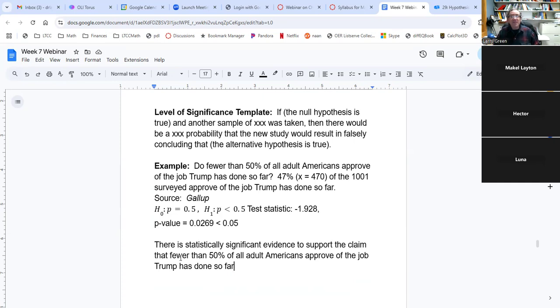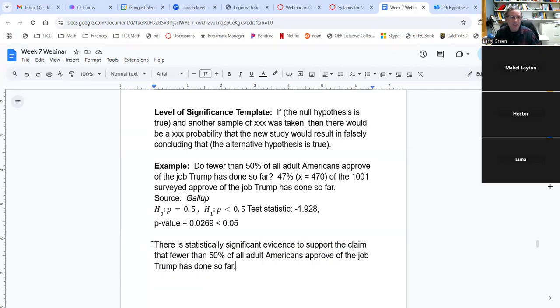I will let you know that this conclusion is the most important. Interpreting the level of significance and interpreting the p-value is not as important. I could ask you that on a test, but if I do, I will definitely have also asked you to write down what the conclusion is.